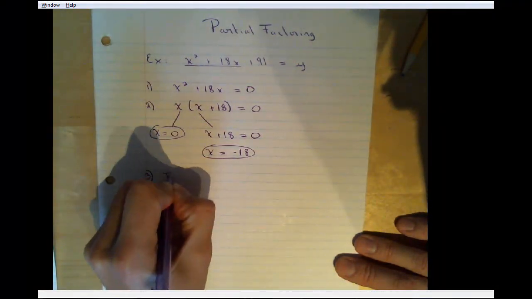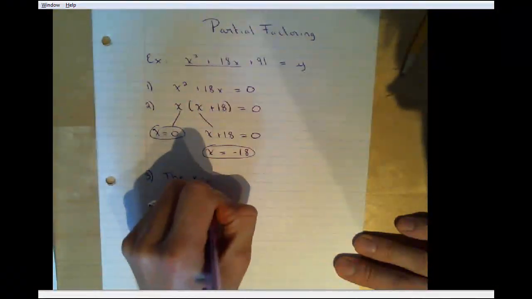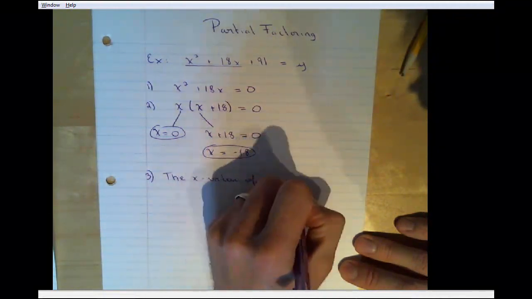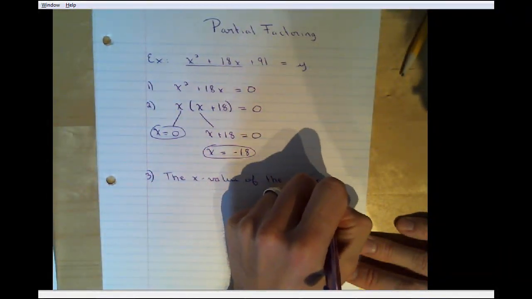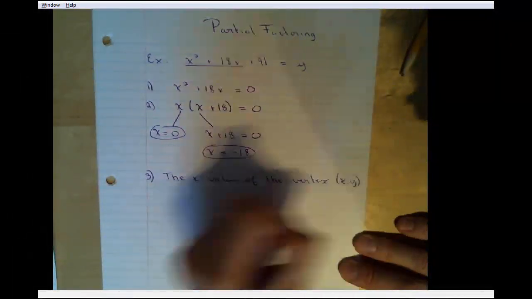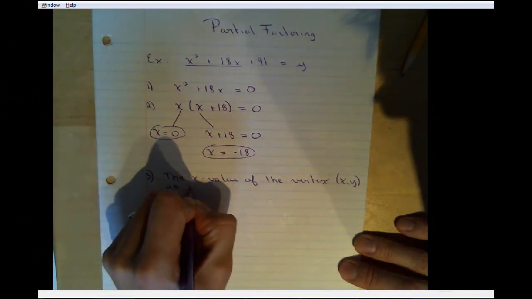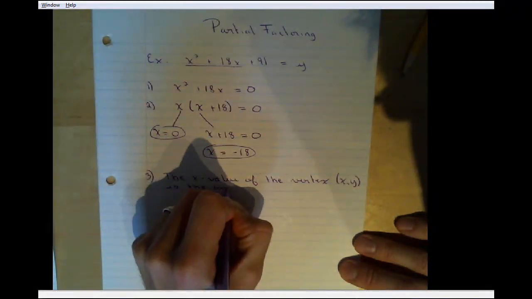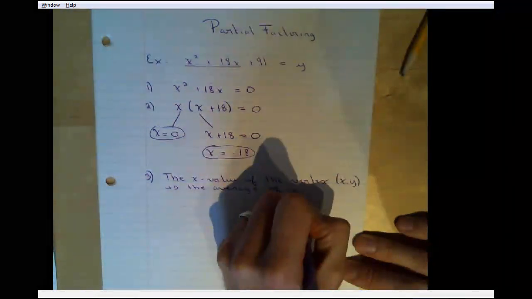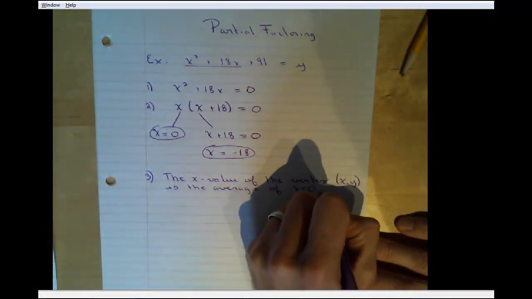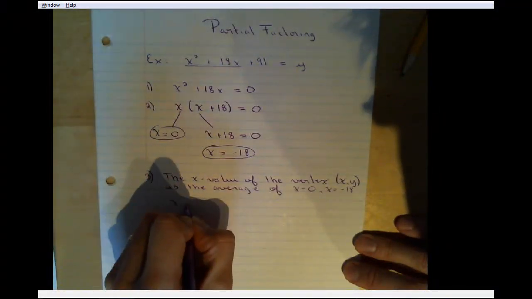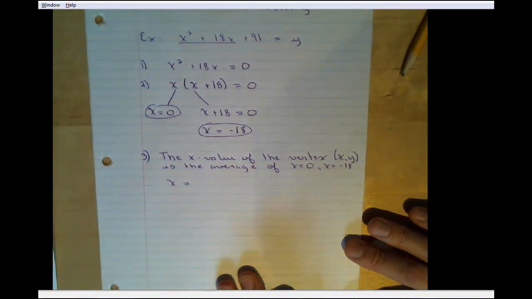So the x value of the vertex is the average. So to find an average, add the 2 numbers up and divide by 2.